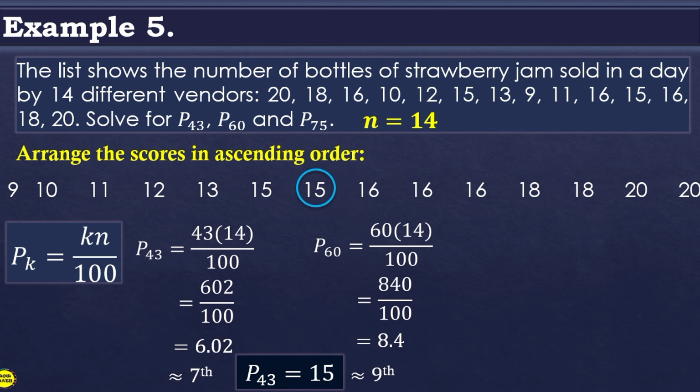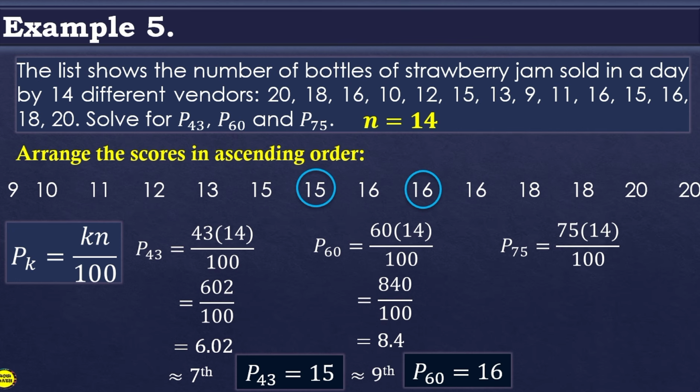Ibig sabihin nito, yung 60th percentile natin, matatagpuan natin sa pang 9th element or pang 9th data dito sa scores natin. So 1, 2, 3, 4, 5, 6, 7, 8, 9. So, the answer is 16. Okay, so 60% ng sales distribution fall below 16 bottles.